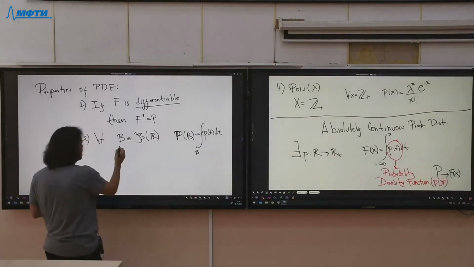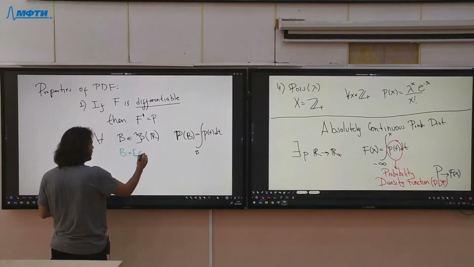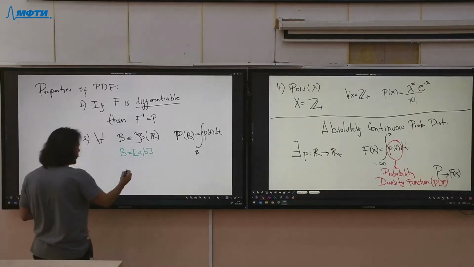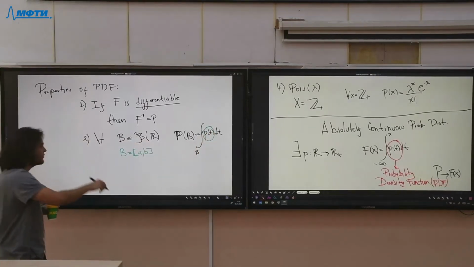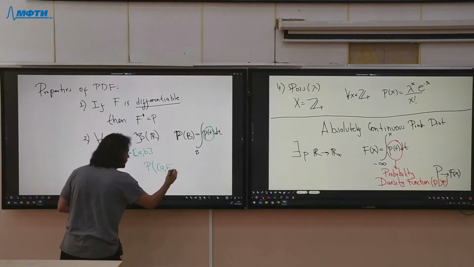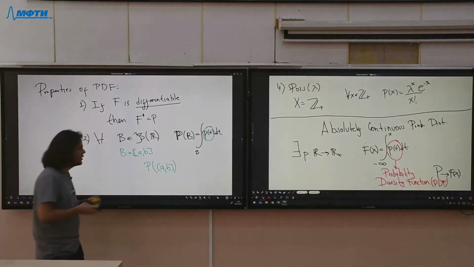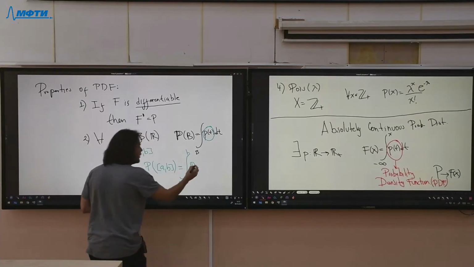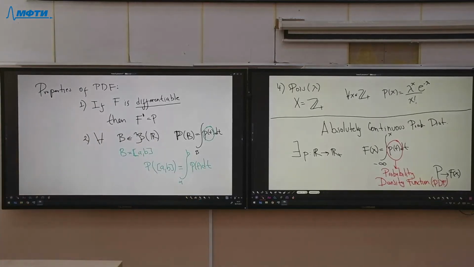What about, instead of B, we take just the open interval (a, b), right? Then it means that if the PDF is defined, then the probability of this open interval, that is, the probability that the random variable belongs to (a, b), is just the integral from a to b of the density, right?